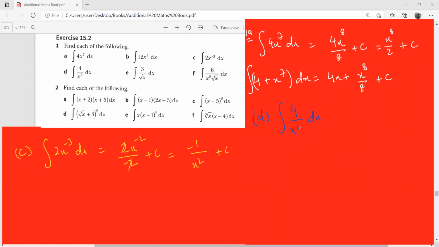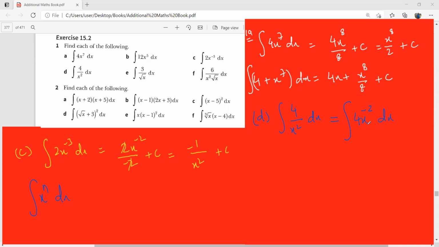First, you have to move that into the numerator and write it in the form x raised to power n. Only then you can integrate this, okay? So I will not be integrating this until I have this in the required form.